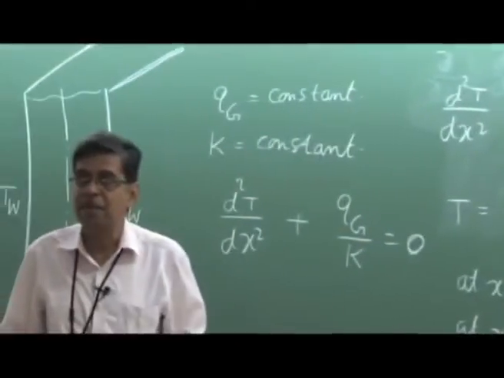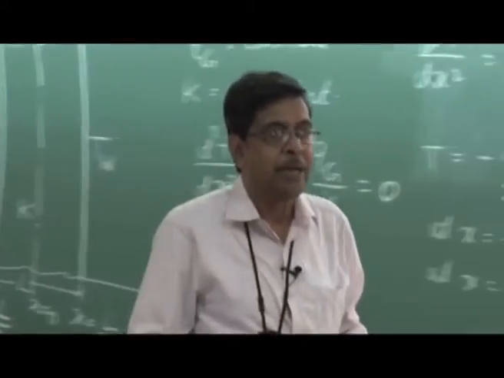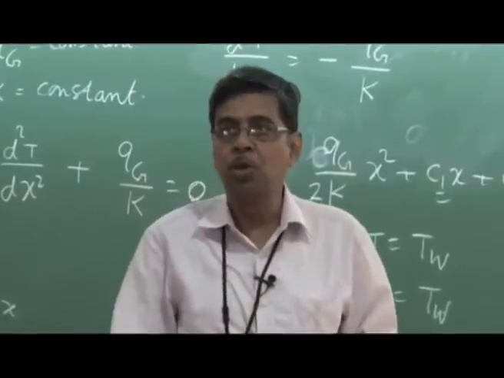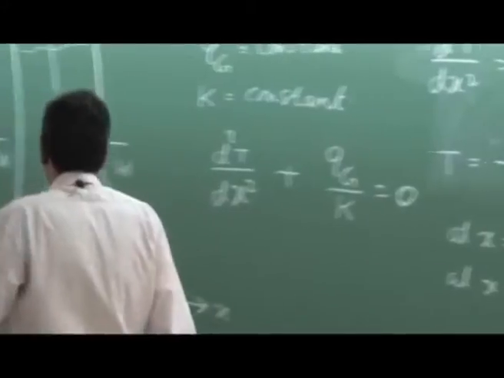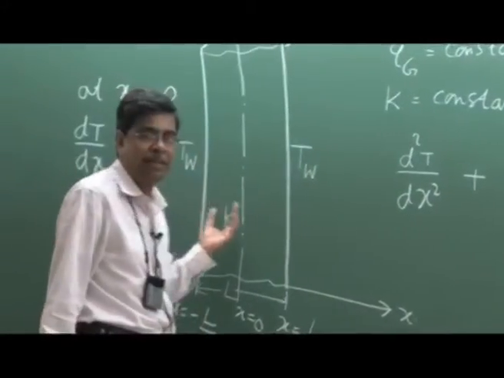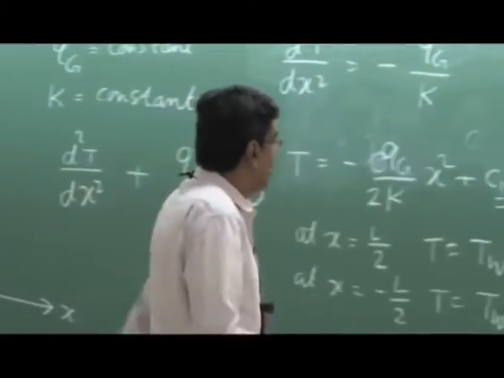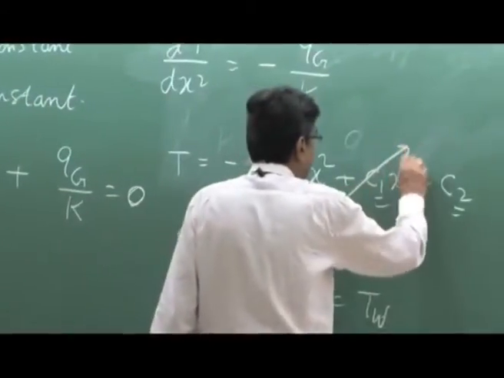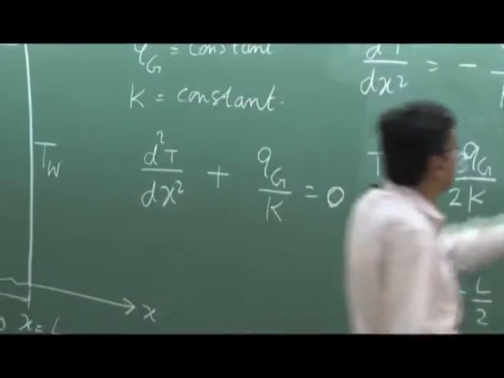C1 cannot exist because the temperature function, if it is symmetric, cannot have a term in x, which will assume a plus value on the right side of the axis and a minus value on the left side of the axis. These are extremely simple things, but can be considered from many angles, so that immediately we make C1 0. So what is C2?